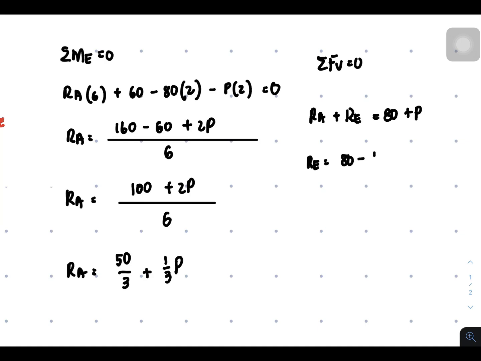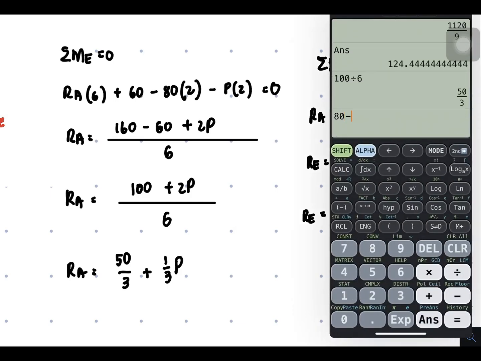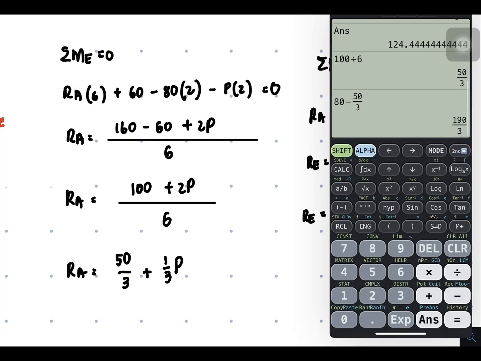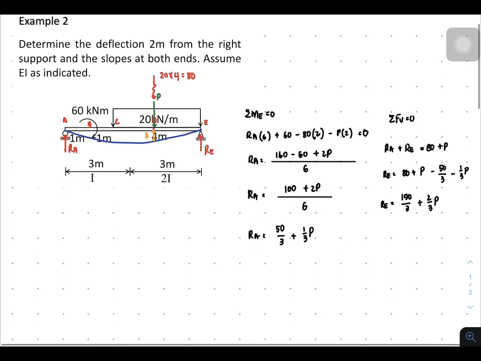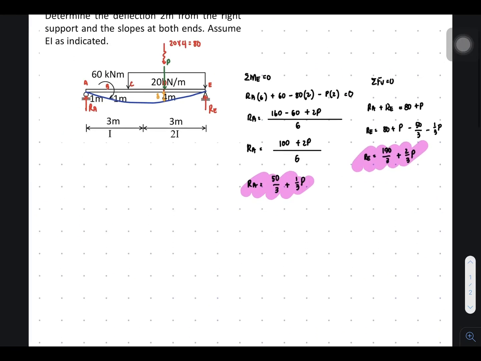This is 80 plus P minus 50 over 3 minus 1/3 of P. So RE is equal to 80 minus 50 over 3, which is 190 over 3, plus 2/3 of P. So we now have the values of our reactions.